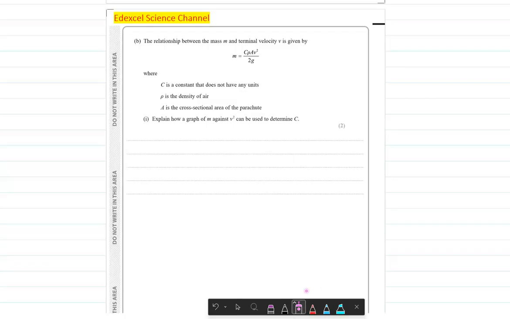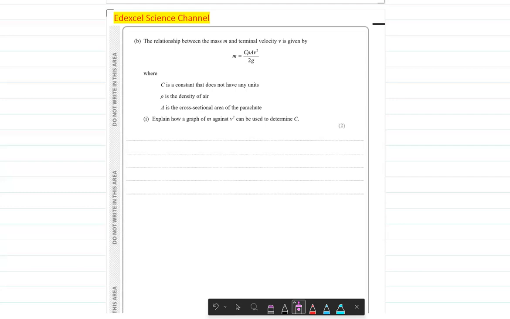So whenever they ask you how a graph can help you or to plot a graph, they're always talking about a straight line. Because in our entire physics syllabus, we do not have any graph that is going to be a curve. They're never going to ask you to plot a curve or how you can use a graph, which is a curve, to measure something.